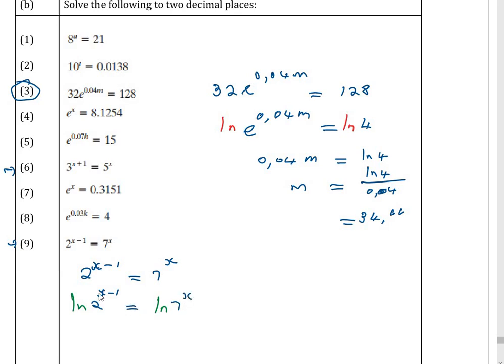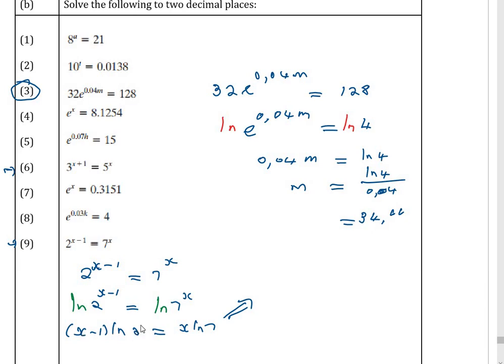Okay, now apply the properties. This x minus 1 comes to the front. And this x comes to the front. Now I need to get x on the same side. So I need to multiply out the brackets there. Okay, I'm just going to make a little arrow here.